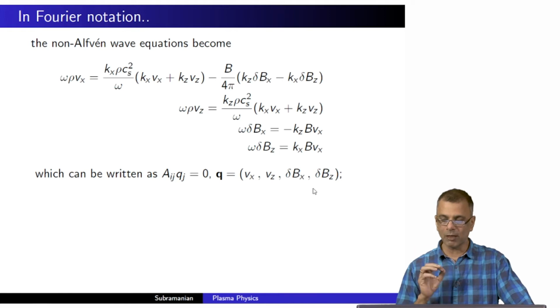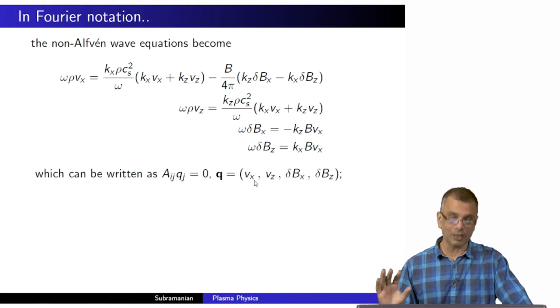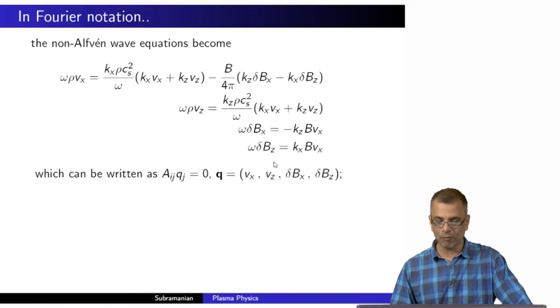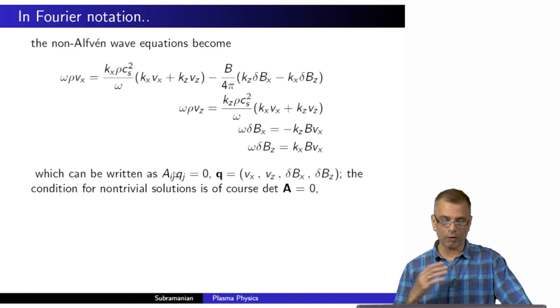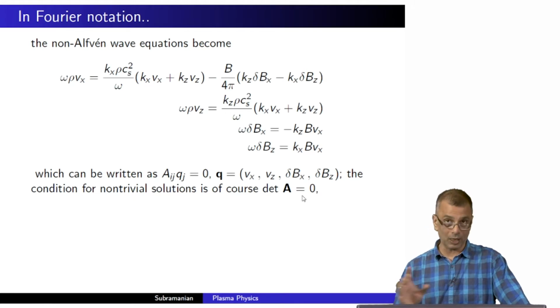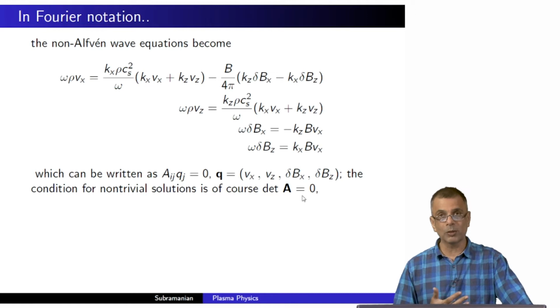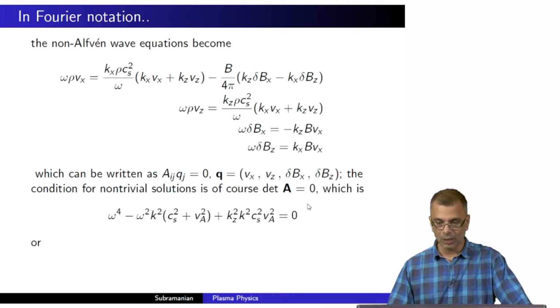So they involve only x and z directed perturbations, of course, in velocity as well as magnetic fields. In order to have non-trivial solutions, you have to have the determinant of this matrix equal to 0, and that is what's going to give us the dispersion relation.